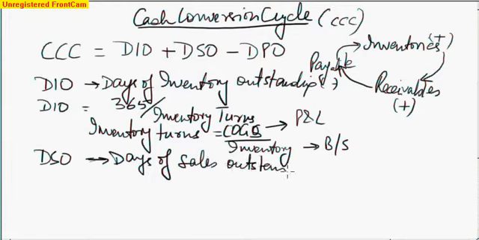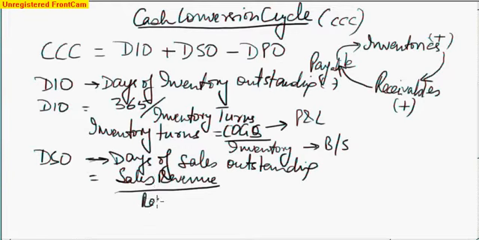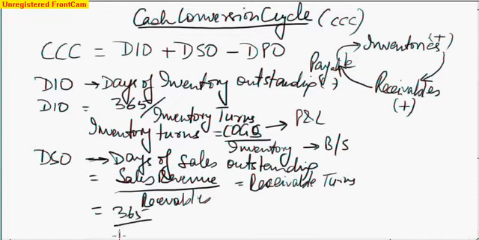Now days of sales outstanding is calculated by, yes, you got it right, sales revenue divided by receivables will give you the turns, the receivable turnover ratio, and DSO is equal to 365 by receivable turns.